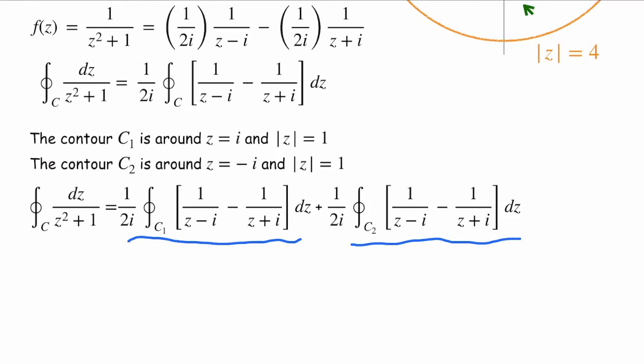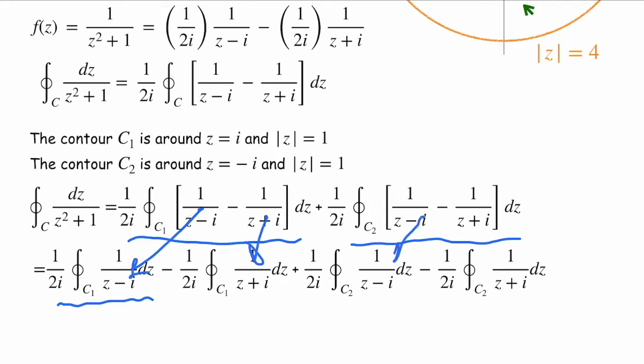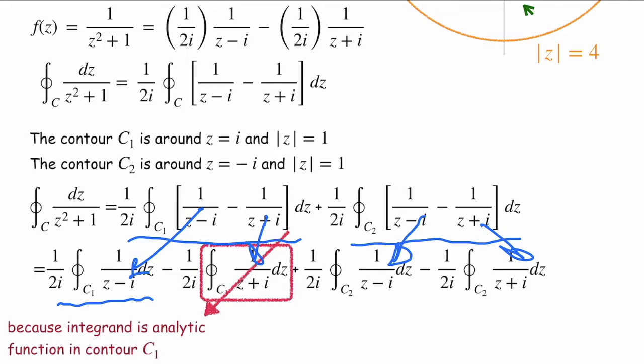So in the first part we have two terms, one around z equal to plus i and another about z equal to minus i. Now we could further split them into each term. The first one is coming from this term and the second from this term. Now carefully look at the term 1 by z plus i in the contour C1.